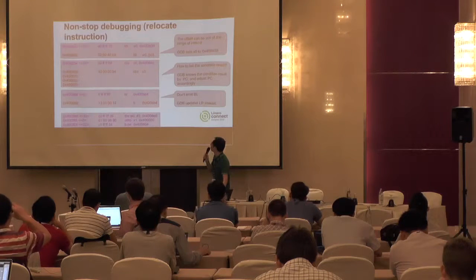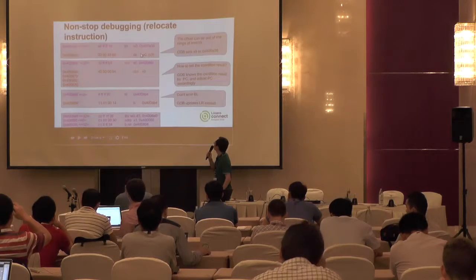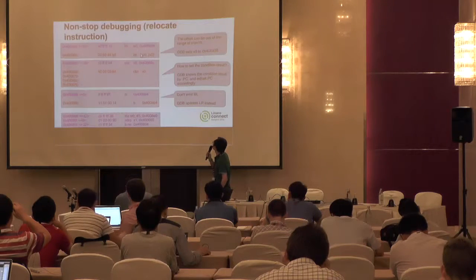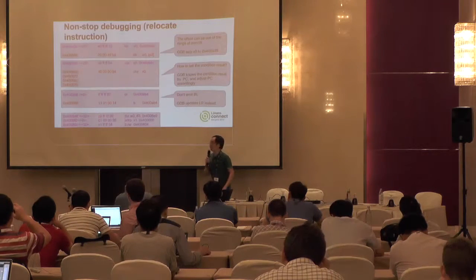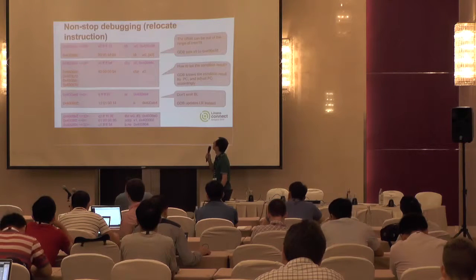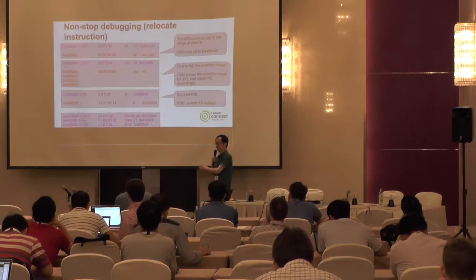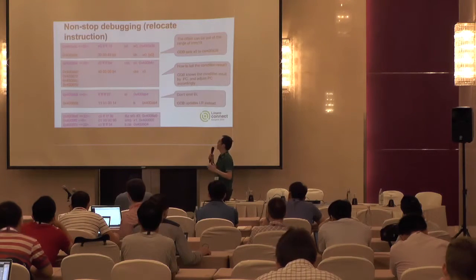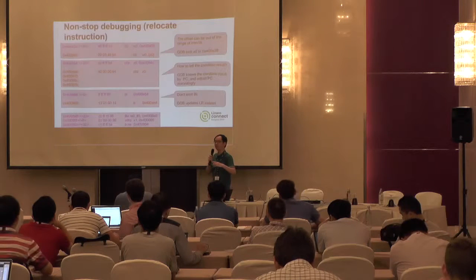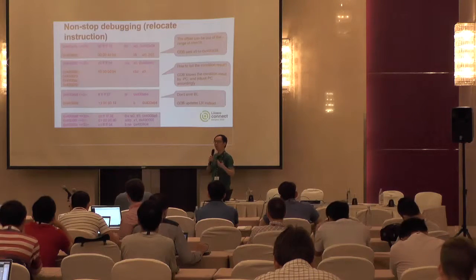Here are some examples. This is a load instruction from some address to the register. But since you move this instruction somewhere else, the offset encoded in the original instruction may be out of range.